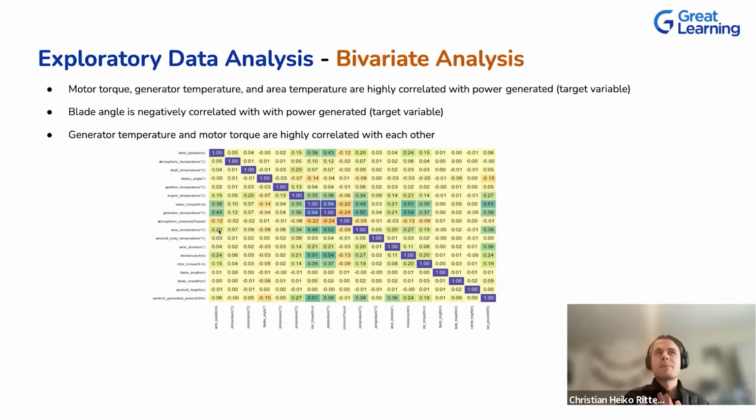They give you an idea about how strong the correlation is. The range is fixed between -1 and 1, and values very close to 1 mean high correlation. Here, for example, the generator temperature and the motor torque seem to have a very strong relationship.